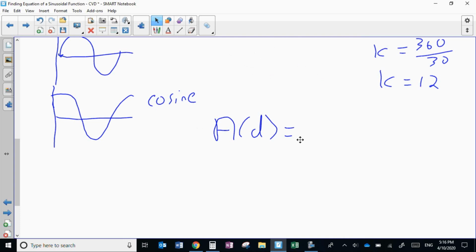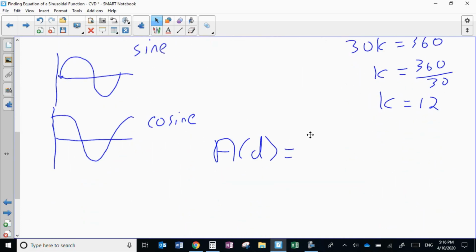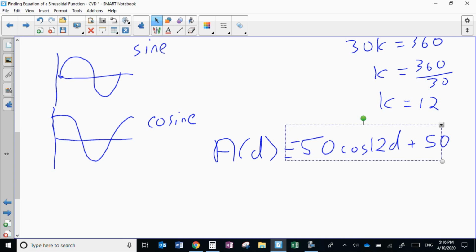Okay, A(D) equals negative 50 cosine 12D, and then plus 50 as well for our axis. And there's our equation. So there's a negative sign there. Make sure you don't forget that. Now, do you need brackets here? You don't technically need them. This is okay. But it's not a bad idea to include them as well.